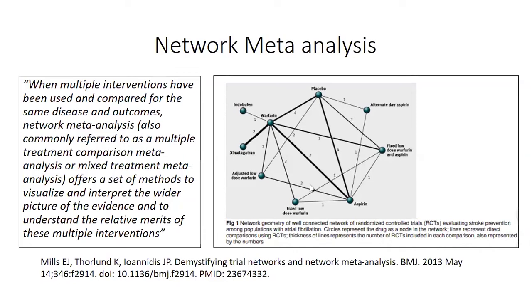So you make a network of the different studies, and if you want to compare, for example, this one and this one, you see whether indirect evidence from different comparisons gives an indication of what could probably work or not work. It's also useful when you're comparing more than two things, to get an idea of how to rank those interventions across all the different comparisons you have. That's called a network meta-analysis.